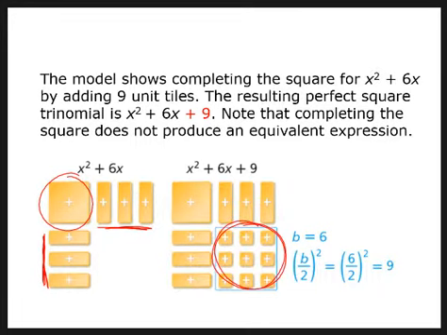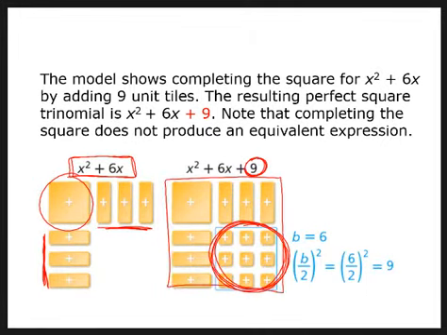What we're doing here is starting with something that looks like this, and trying to figure out what that last number has to be in order to make it a perfect square trinomial, or something that can be factored as a square of a binomial. But at the same time, we're almost trying to complete this bottom corner here, which in a sense completes the square.